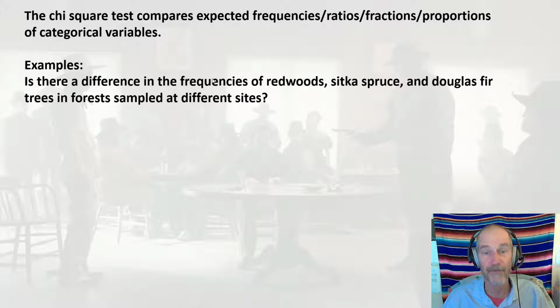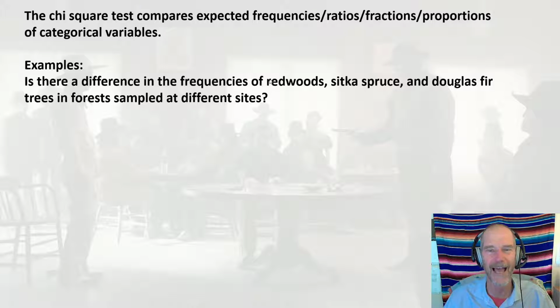Is there a difference in the frequencies of redwoods, Sitka spruce, and Douglas fir trees in forests sampled at different sites? So in this case, would you want to do a t-test or an ANOVA? The average number of redwoods, average number of Sitka spruce, and average number of Douglas fir. No, not really. You might want to say, is there a significant difference in the average number of redwoods and Sitka spruce and Douglas fir in a forest, in 2 forests?